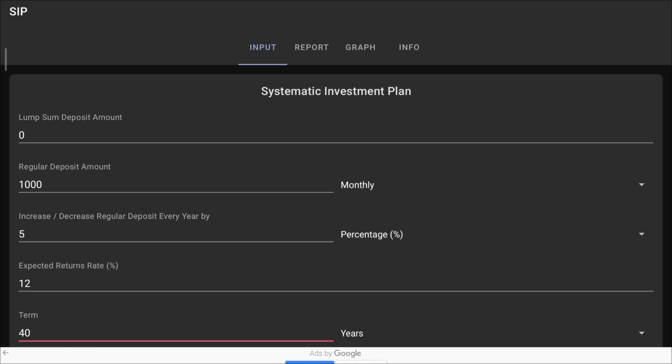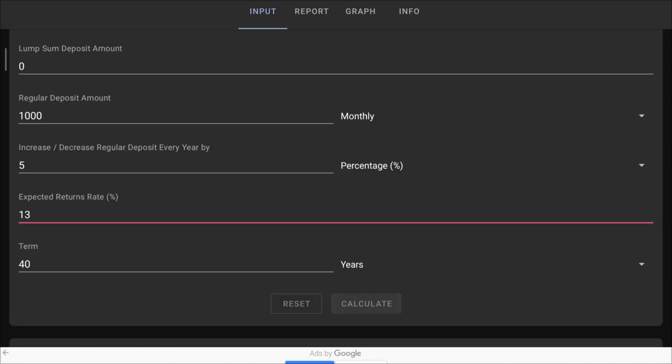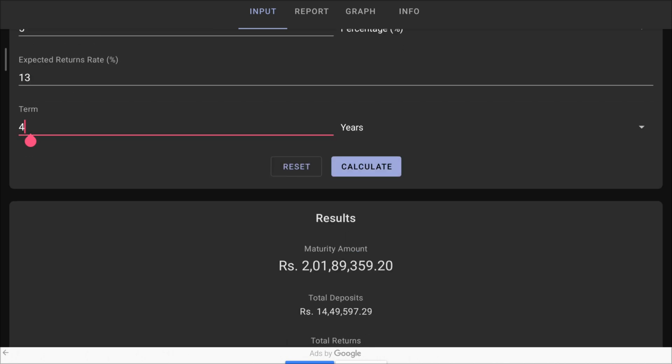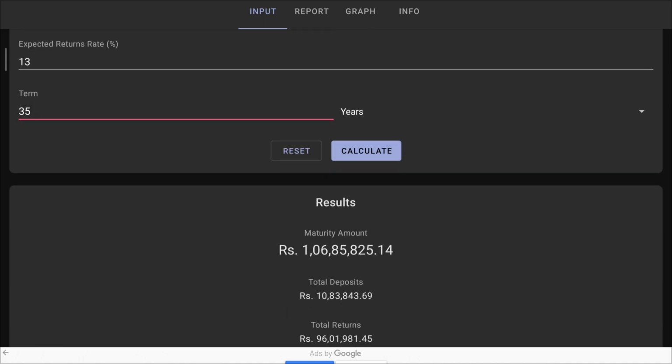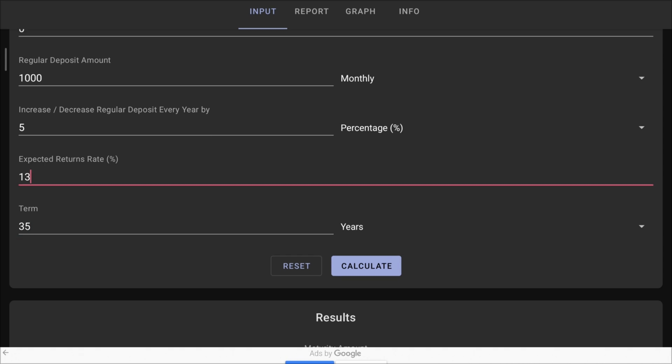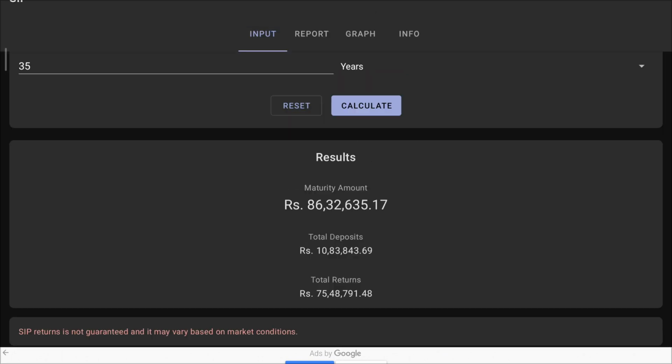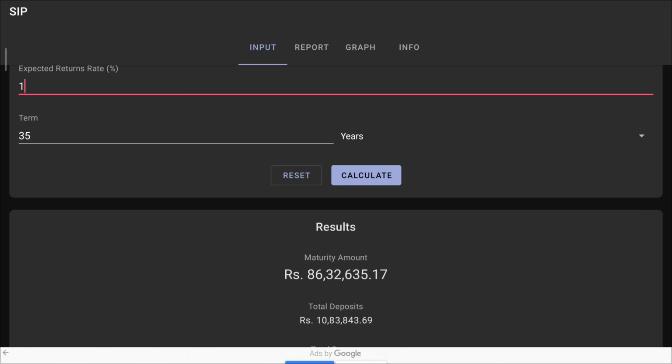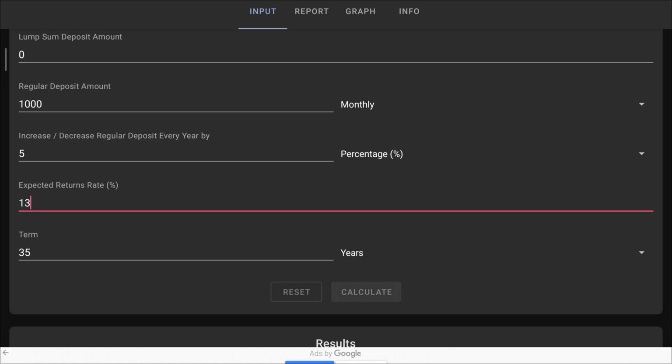So by investing just 1000 rupees, even if I calculate like this also, right? So it will give you 1 crore rupees. I mean, you saw, right? If I just reduce it to 12%, it is like 86 lakh. And if I just increase 1%, it is going to 1 crore.